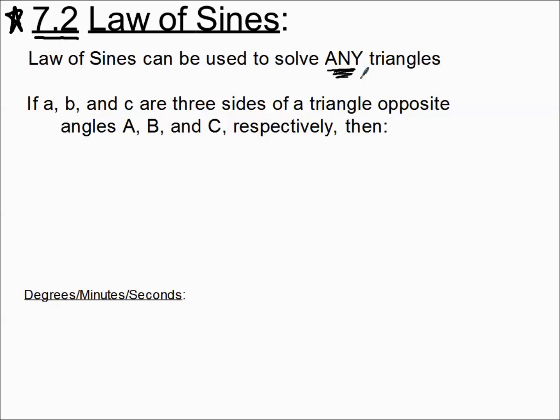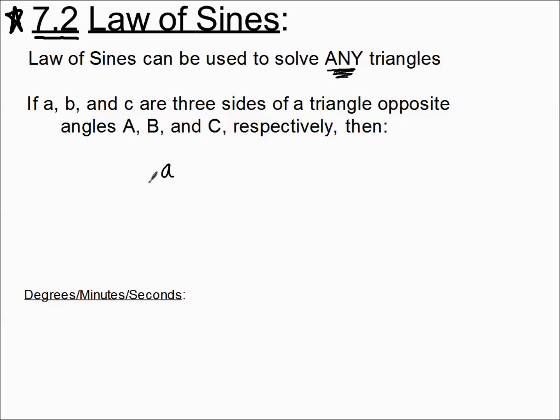So it's set up like this. If we're given little a, little b, little c, they're sides of any triangle, and they are of course opposite their correct angles, angle A, angle B, and angle C respectively, then we can create three ratios.